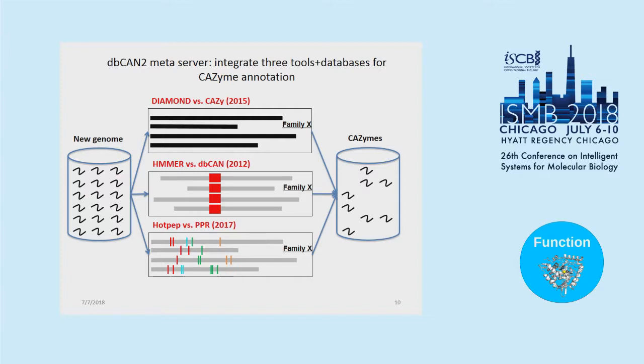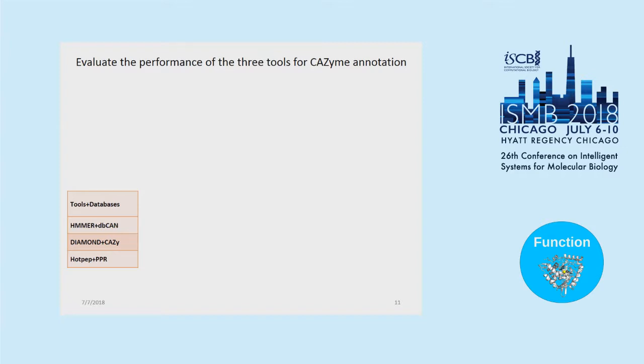So now, with the three different automatic tools, we can combine their results, and that's why we have this dbCAN2 meta server. In order to evaluate the performance of the three tools, we downloaded some pre-annotated CAZymes from the CAZy database, and we tried to figure out the best parsing threshold for each method.